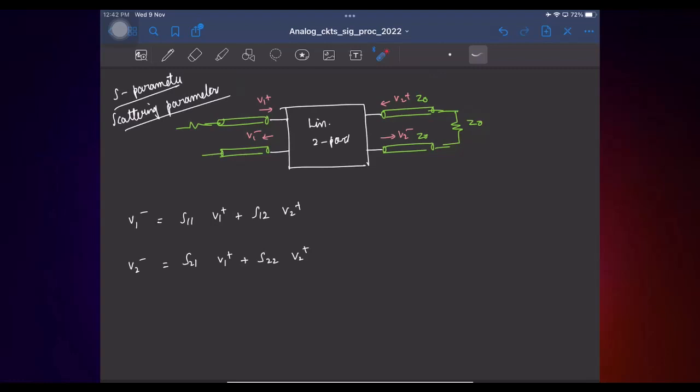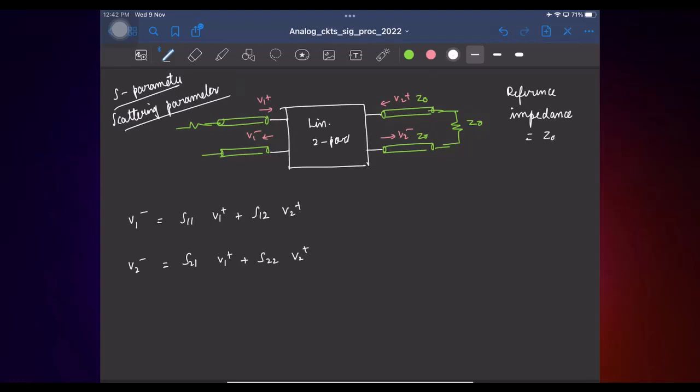Because this is all assuming that you don't want to have reflections, right? And it all depends on the characteristic impedance of the cables that you are using, right? So with S parameters, you will also specify the reference impedance with which you have characterized these parameters.